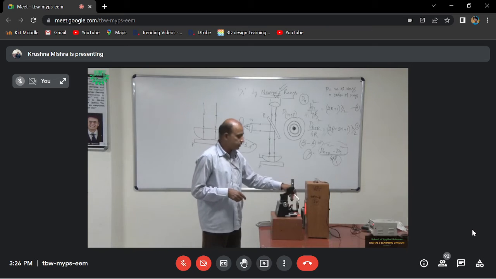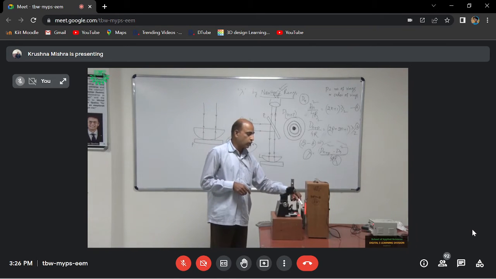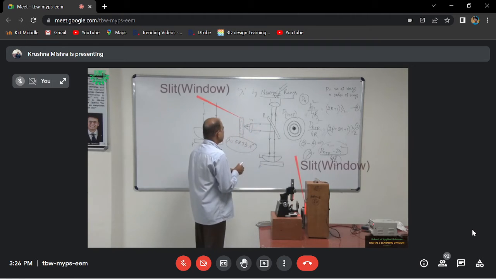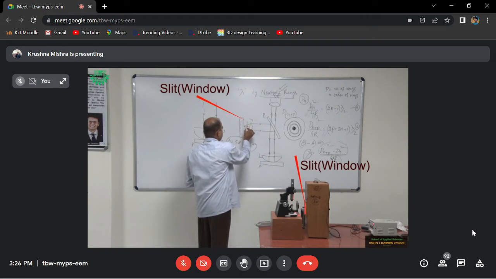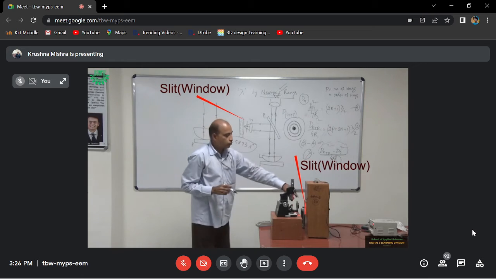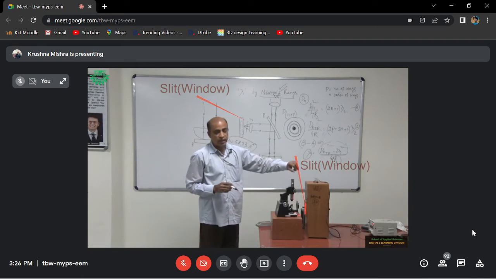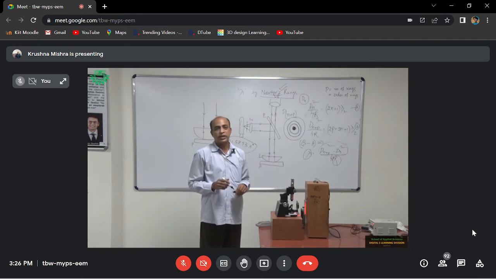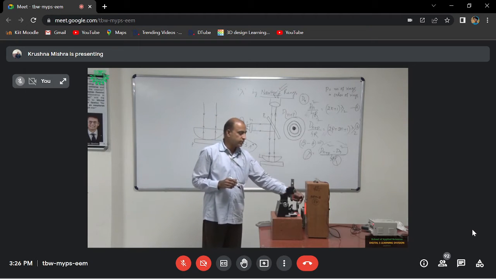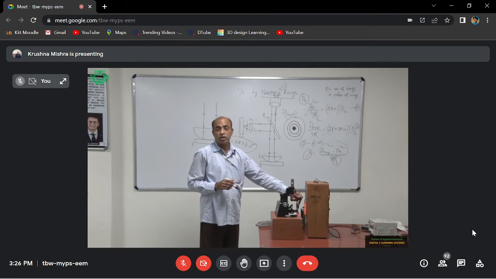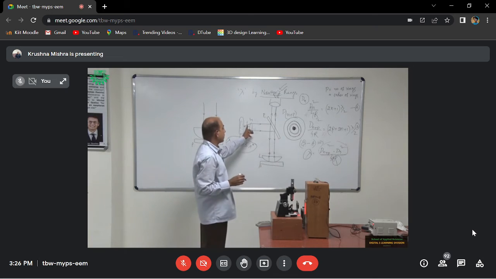All the scattered light from the source comes through the slit. When light comes through this slit, it comes in scattered form. After it is incident on the lens, it becomes parallel.